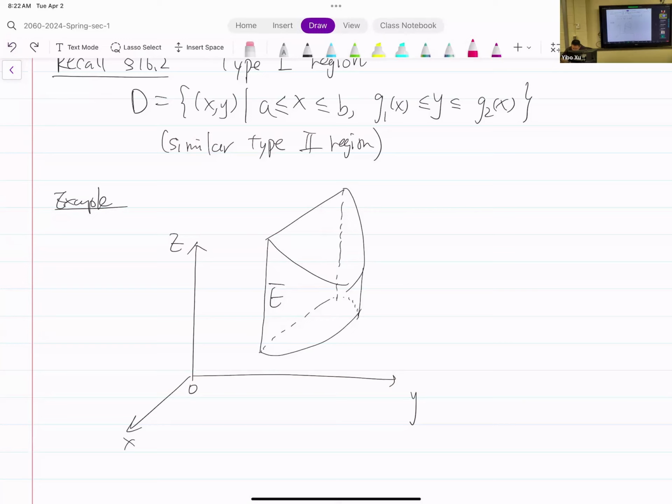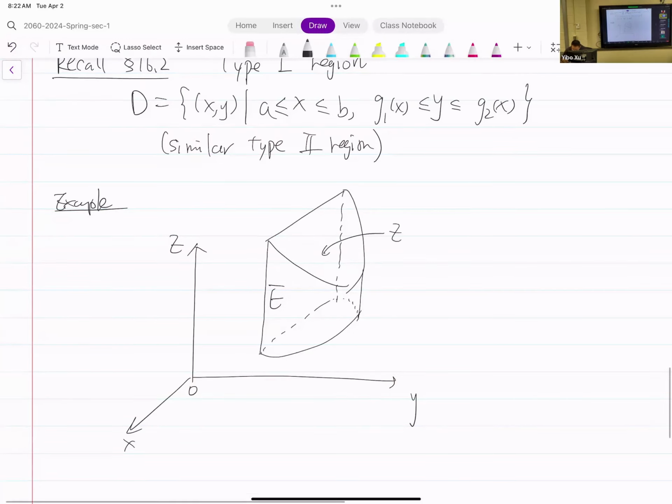But then on the top we have a surface in terms of x and y, right? So let's call it, this is the upper bounding, this is like the cap, right? So that's U2 in terms of x and y, okay? And at the bottom, this one is the lower bounding, which we name U1. Okay, so U1 is the lower bound, U2 is the upper bound for the variable z.